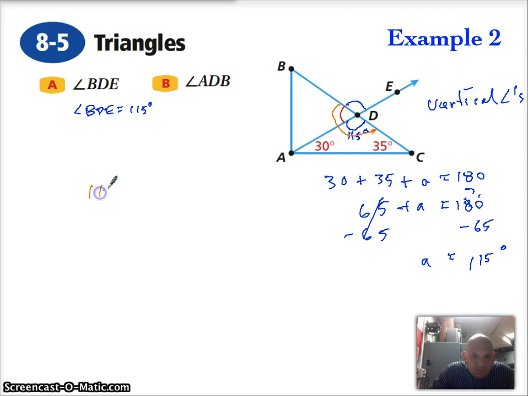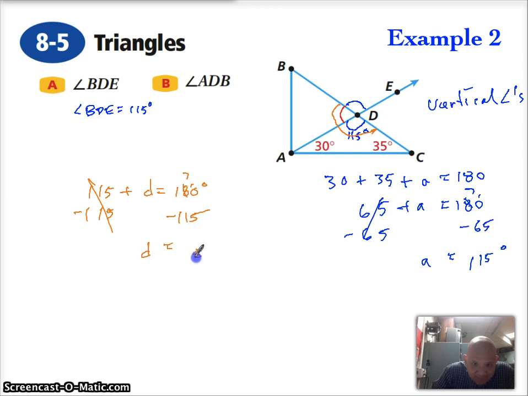So I'm going to add 115 plus second angle, we'll call it D, equals 180 degrees. Subtract 115 from both sides. 115's drop out, D drops down.